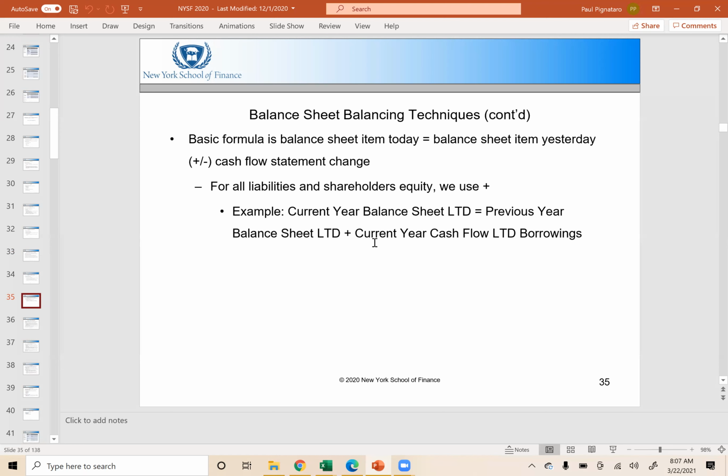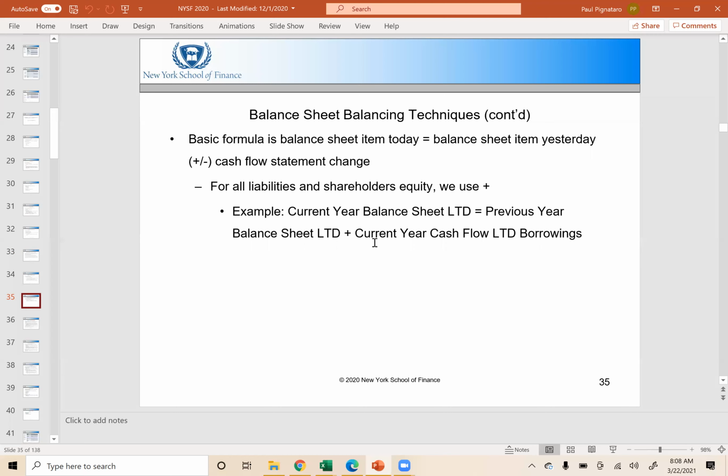And if you think about the way a balance sheet stays in balance, a balance sheet stays in balance when each and every cash flow statement line item is linked into the balance sheet one time, and in the right direction. That's how a balance sheet stays in balance. Well, there's one other way a balance sheet can be out of balance.